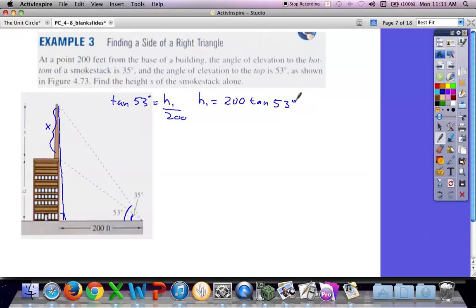Right. If I set up to solve so that I'm looking for this height, I'll call that h2. That will be tangent of 35 equals h2 over 200.